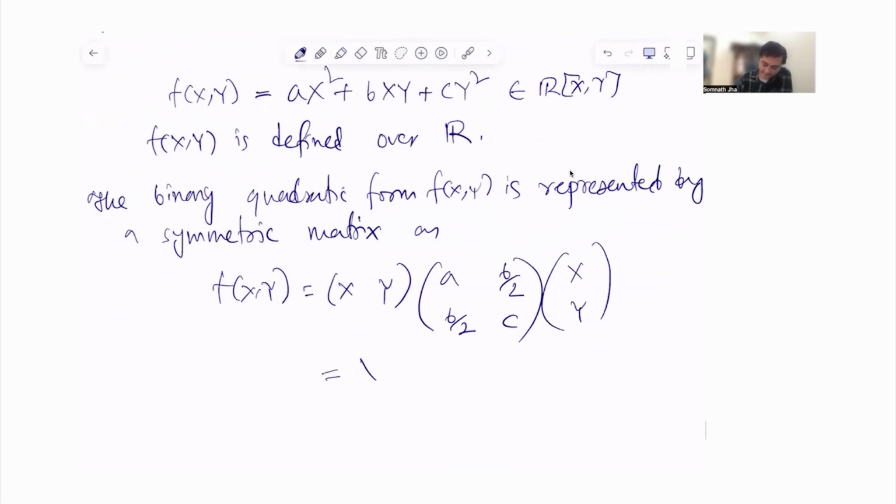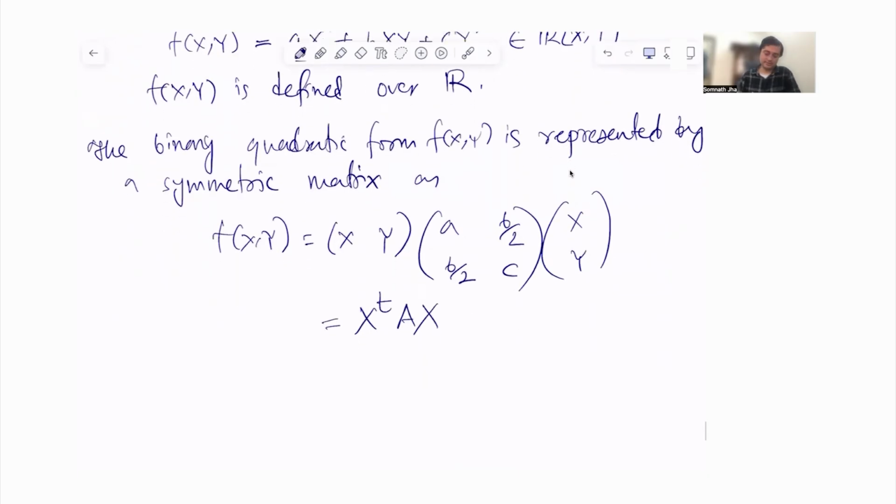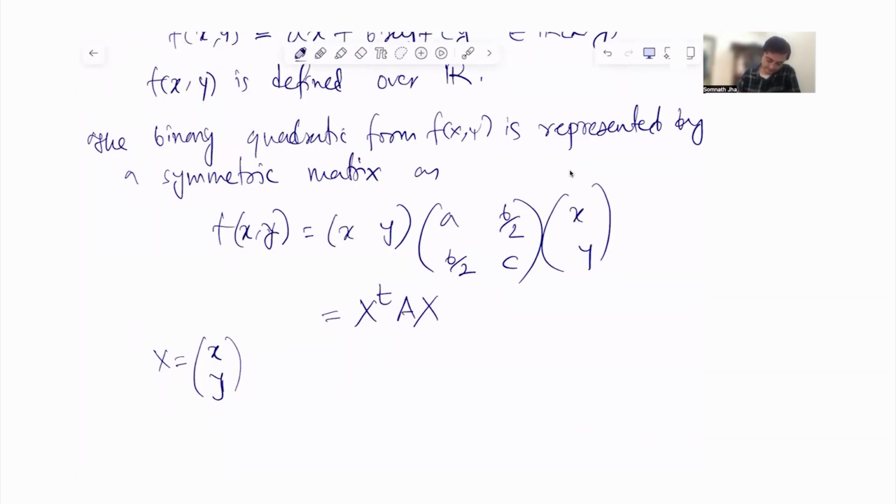So this is x transpose A x, where A is a 2 by 2 symmetric matrix and x is the column vector (x, y).